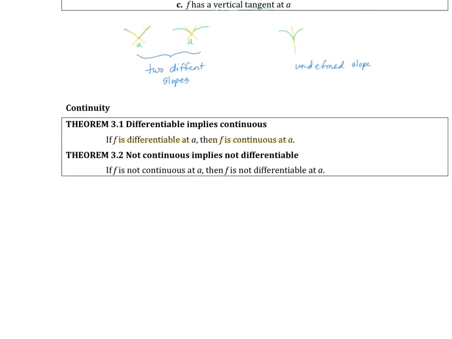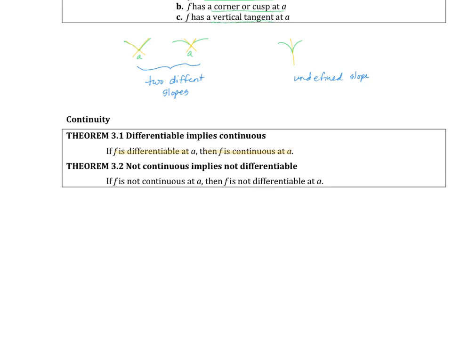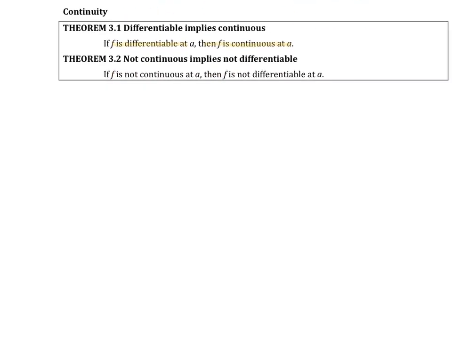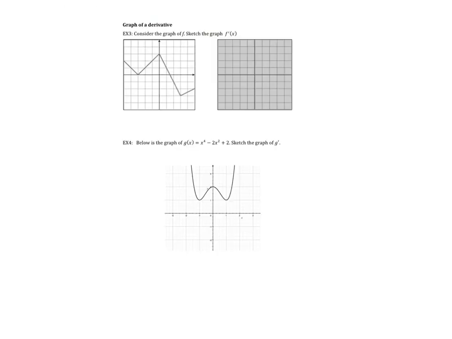And you can go ahead and look at those three examples we had previously. When you look at corner, cusp, vertical tangent, all those graphs are continuous at A. They're just not differentiable. However, if a function is not continuous, then it's definitely not differentiable.